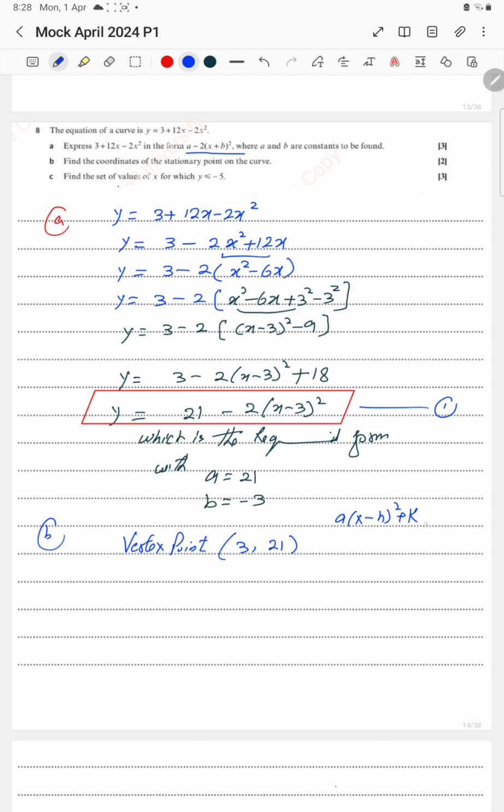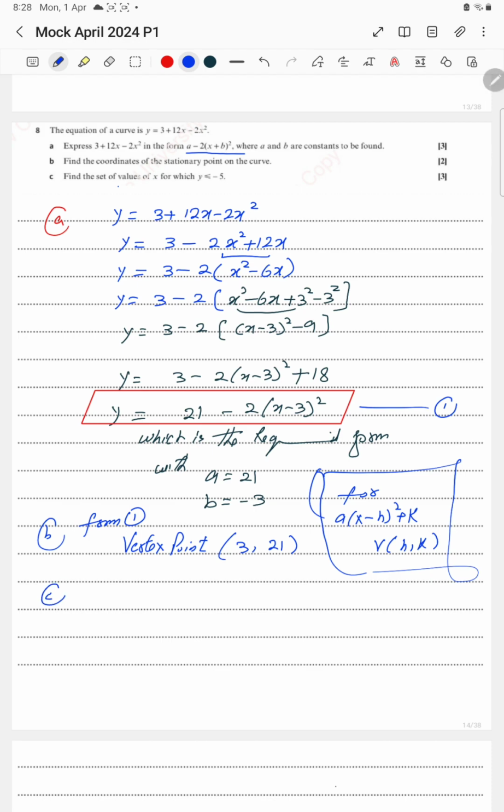So h and k is the vertex; the vertex is h comma k. Here I'm going to write the rule to recall. So from 1 we got the vertex point, and vertex point means the stationary point. It's a 2 marks question, so simple. So 3 comma 21.